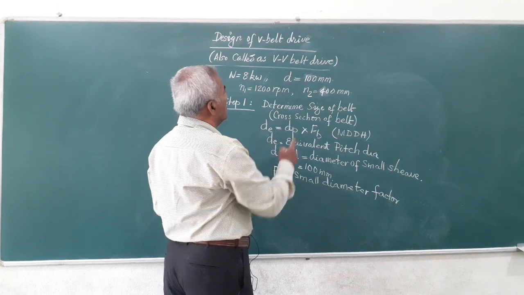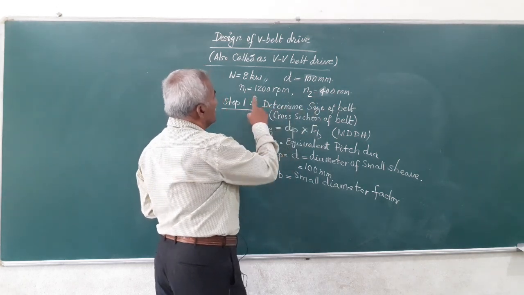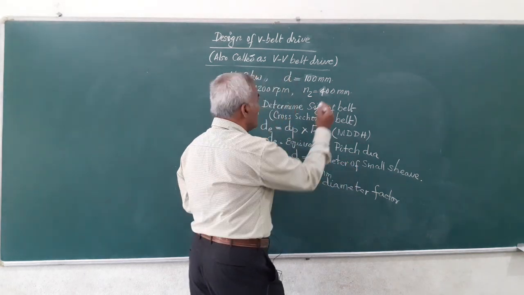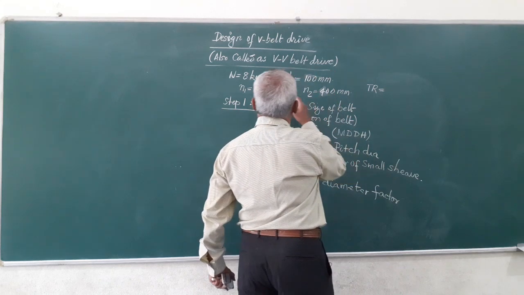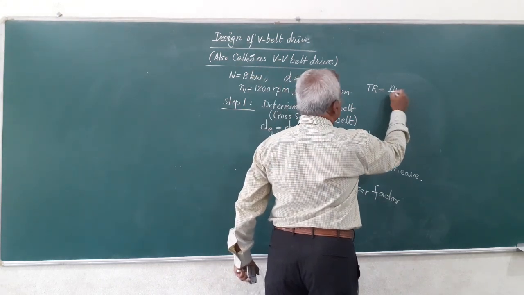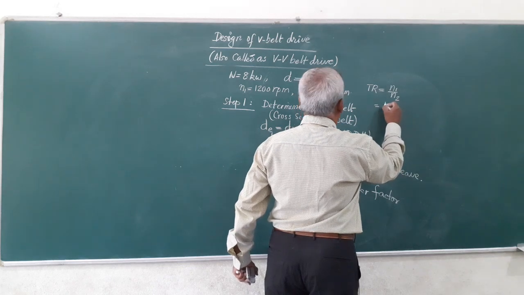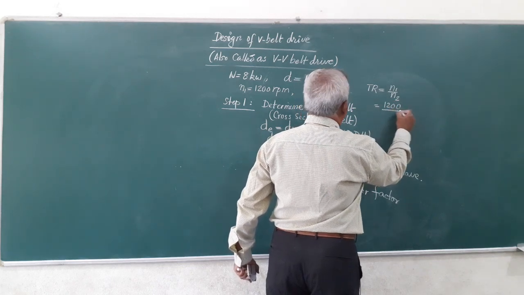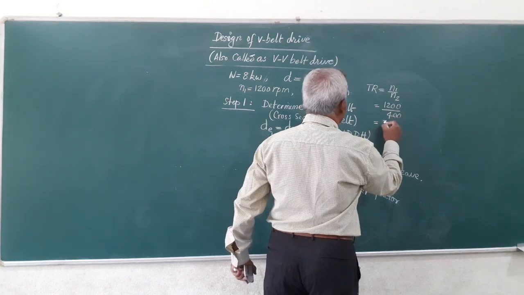So here we know the speed of the larger one and the speed of the smaller one. So transmission ratio, TR, is equal to N1 by N2, because the small sheave rotates at a higher speed. So this is equal to 1200 divided by 400, and this works out to 3.